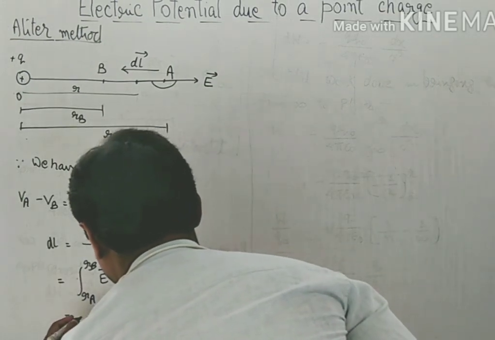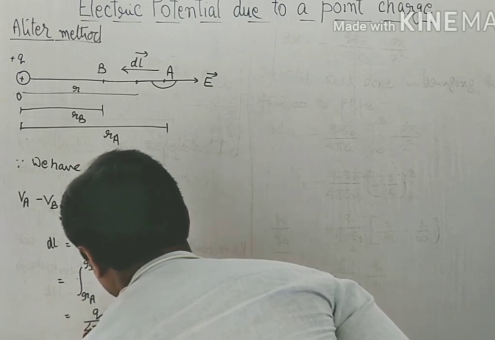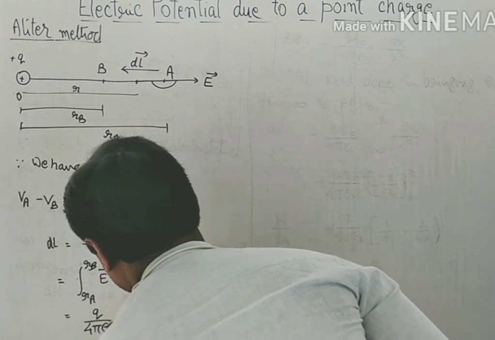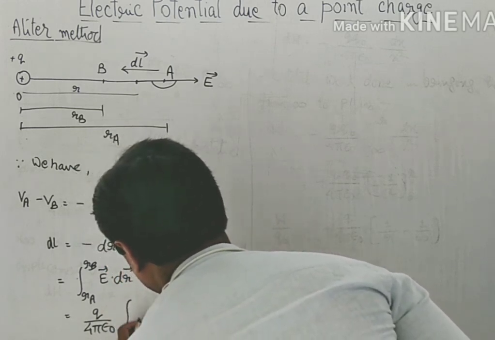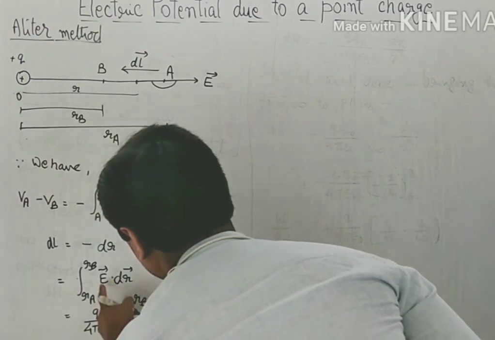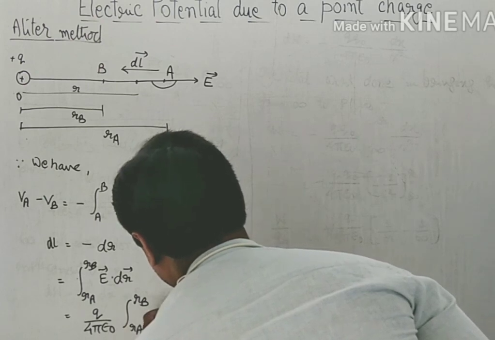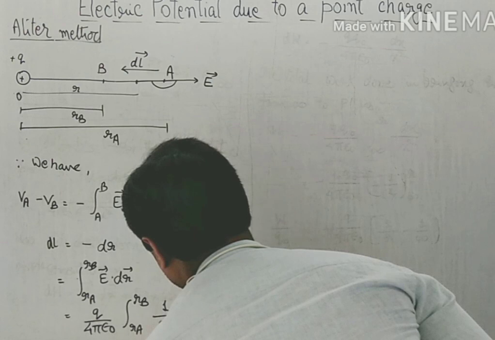So let's have Q upon 4 pi epsilon naught as the value of electrostatic field intensity. So here it is RA and RB. So this is actually 1 upon R square dr.